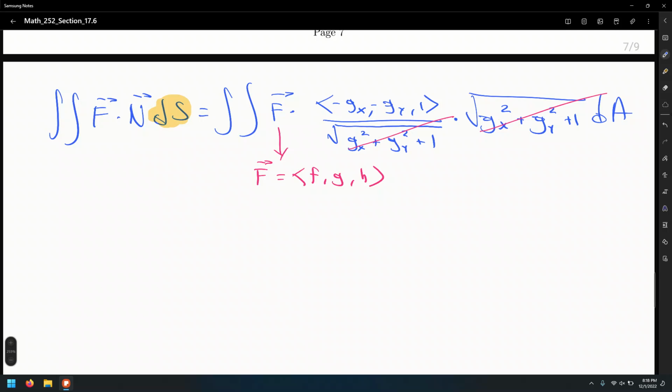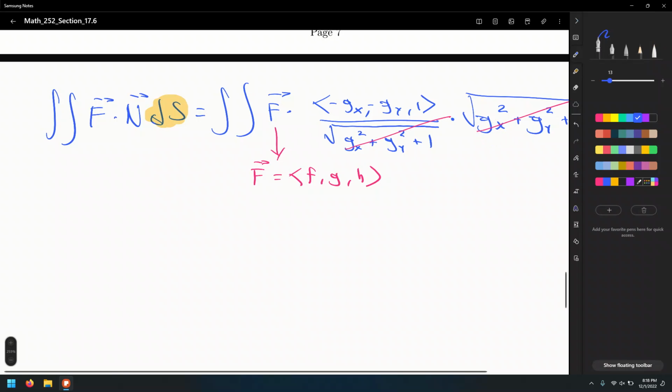Like I mentioned earlier in this chapter, if you look at other resources online or other textbooks, the components of a vector field are usually denoted with uppercase letters such as M, N, and P, to avoid confusion. But because this book doesn't use that notation, I will stick to these letters and just make sure that this G is not the same as this G. In fact, this is usually the surface for which we take the partials.